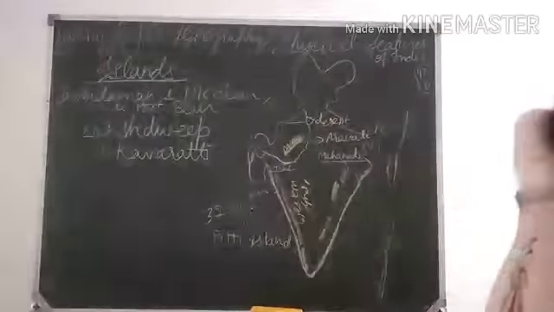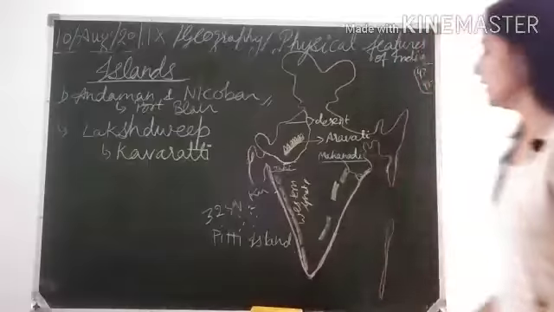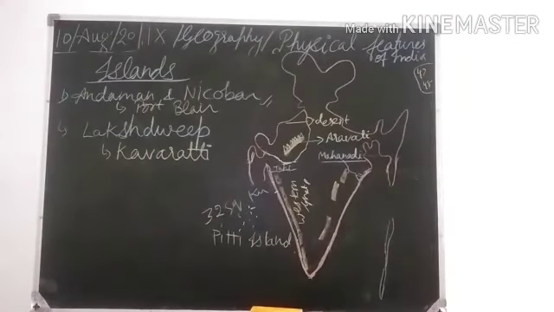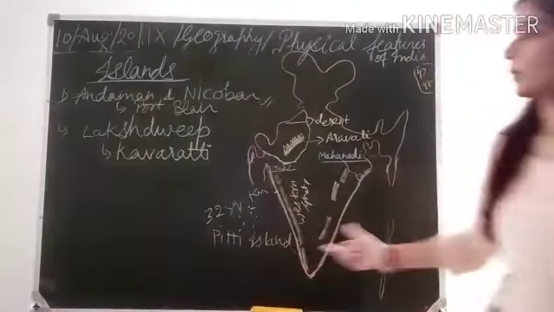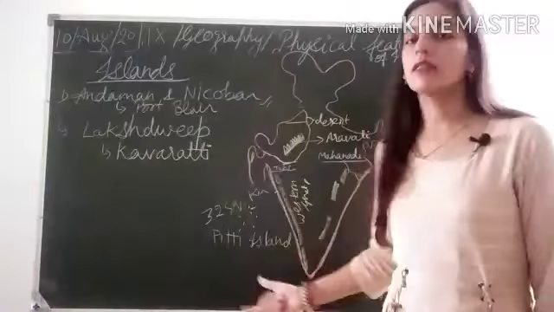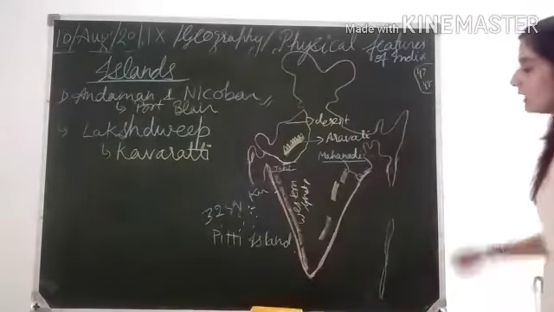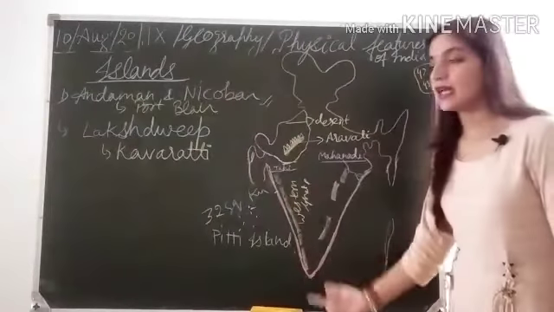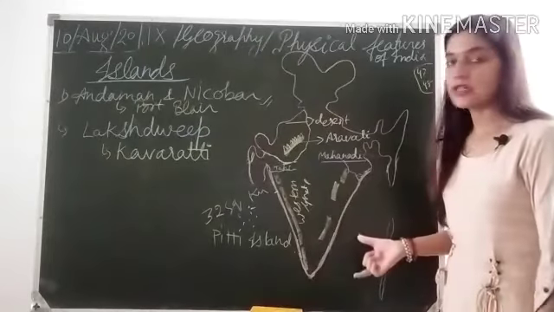In Andaman and Nicobar there is Barren Island. These islands are rich in flora and fauna. What is the reason behind this? Because they lie south of the Tropic of Cancer and above the equator, so they come under the torrid zone.